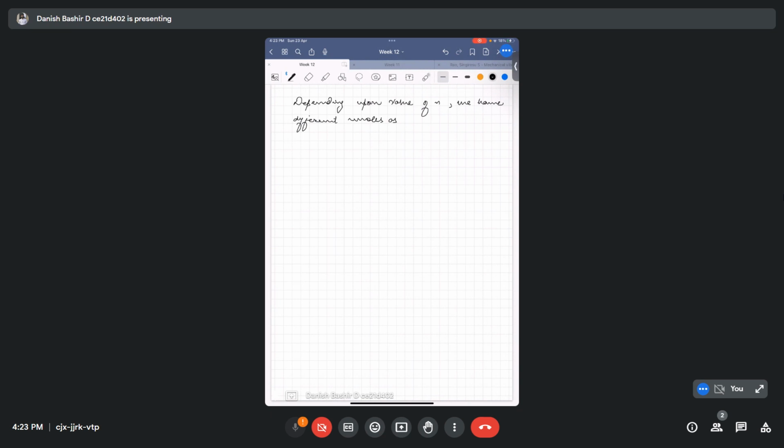The first mode may be like this. This is for n is equal to 1.